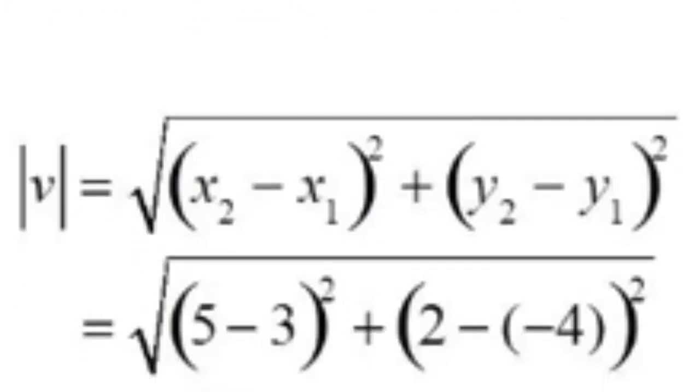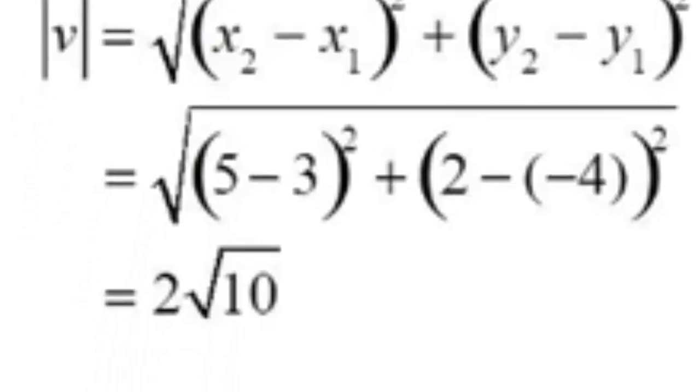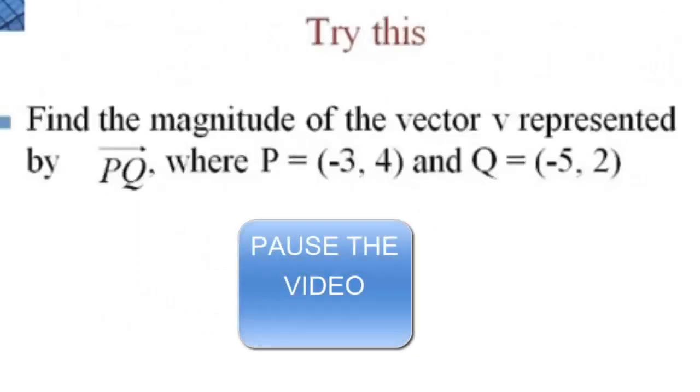It's the head minus tail again. So we get (5 minus 3) squared plus (2 minus -4) squared, which reduces to 2 times the square root of 10. Draw out the vector, take a look at it, do the math, and see that you actually get 2 times the square root of 10. Now try this one yourself.